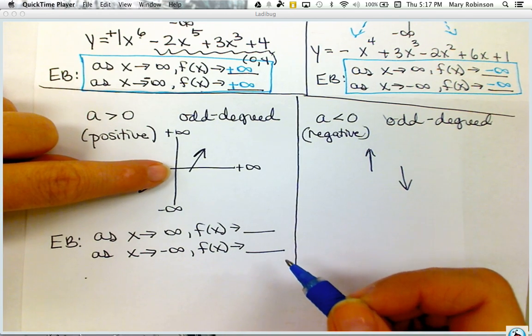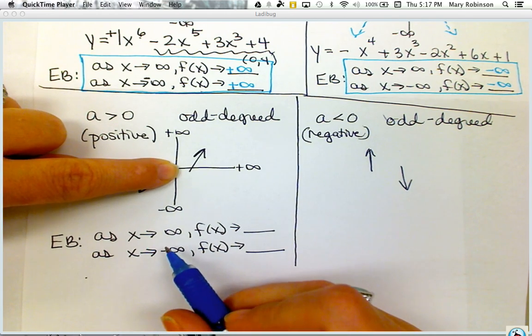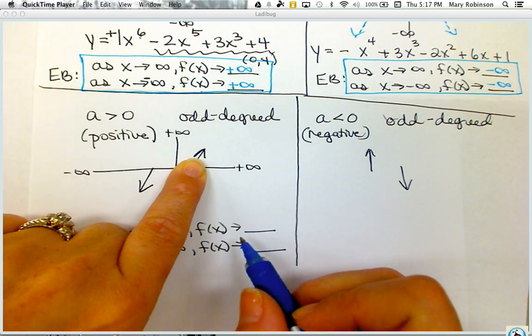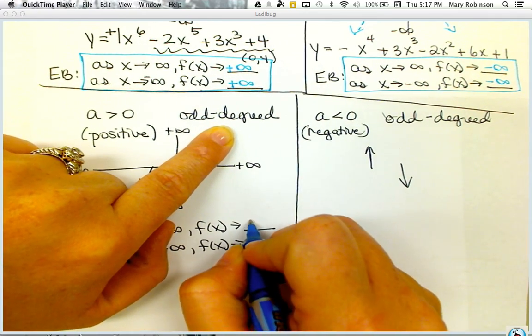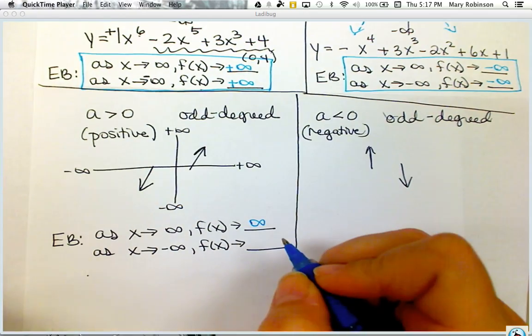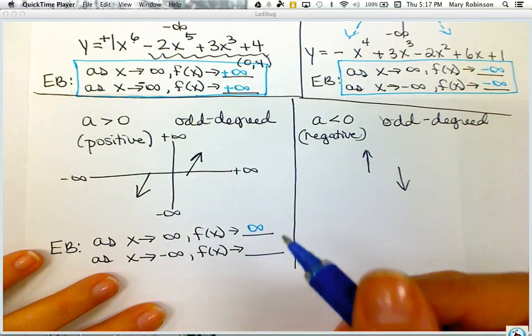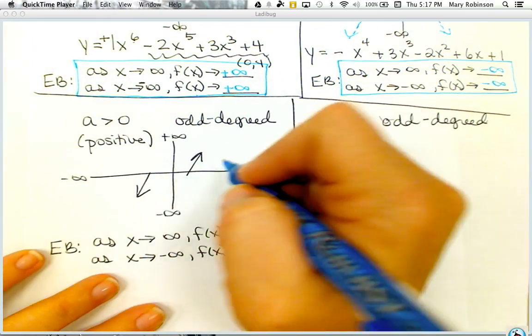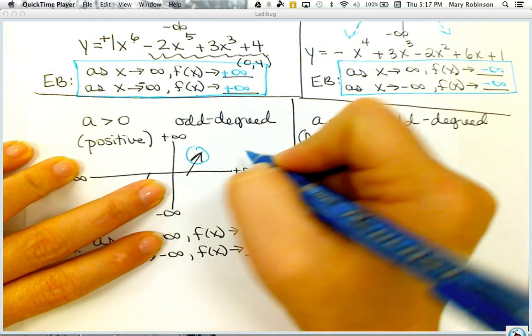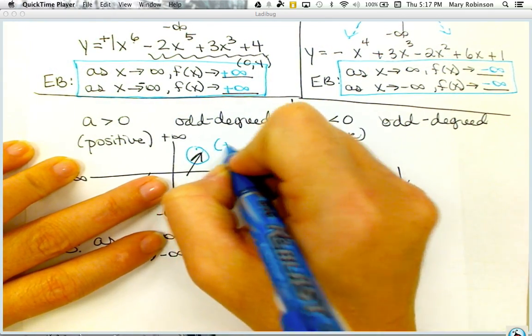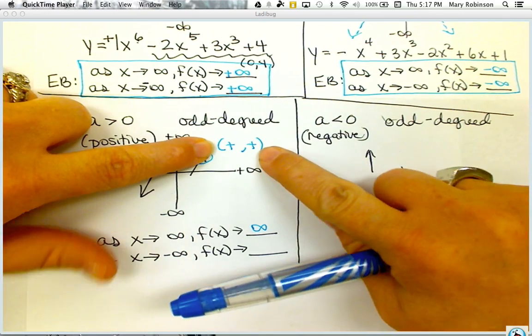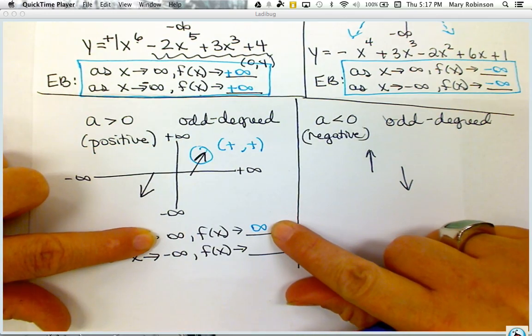So again, I'm going to repeat the process. As x is going positive, my function is going up, so it's going positive. One thing that may be helpful as well is to think, well, what quadrant is this in? And since this end is in quadrant 1, which is positive, positive, note that those are the signs of your end behavior for that side.